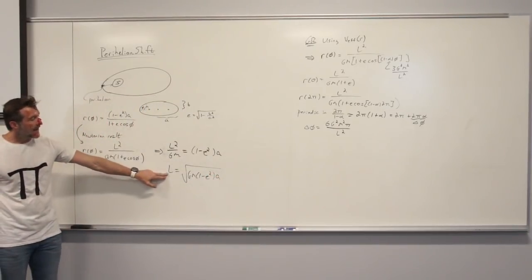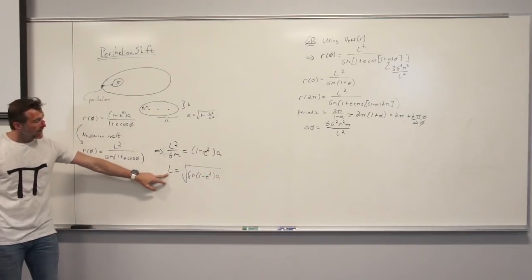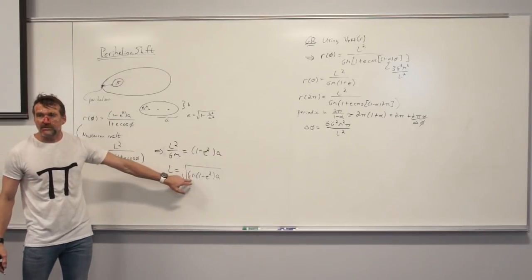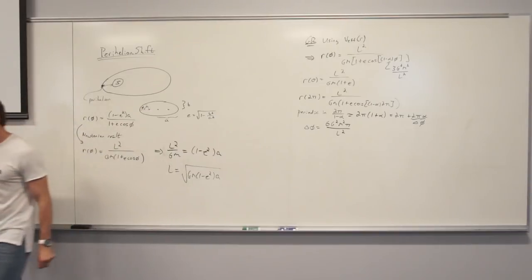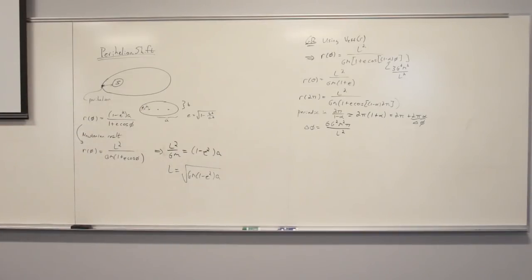So I can figure out the angular momentum of a planet in orbit in terms of constants I know and the eccentricity and semi-major axis of the orbit. Okay? So you don't go out and have an angular momentum meter and hold it up to the planet and say, what's your angular momentum?